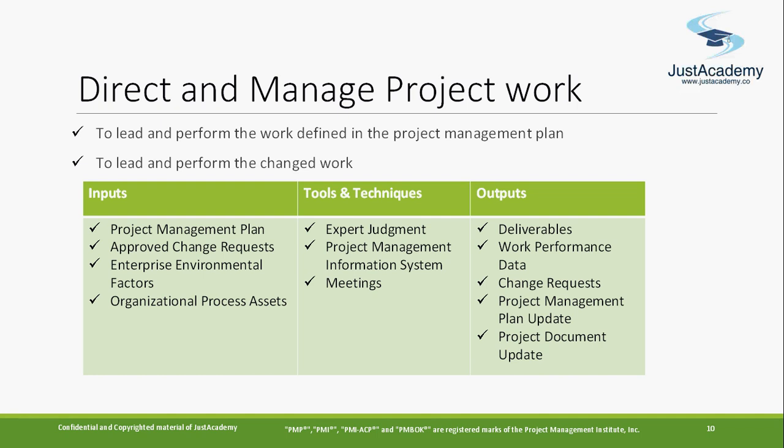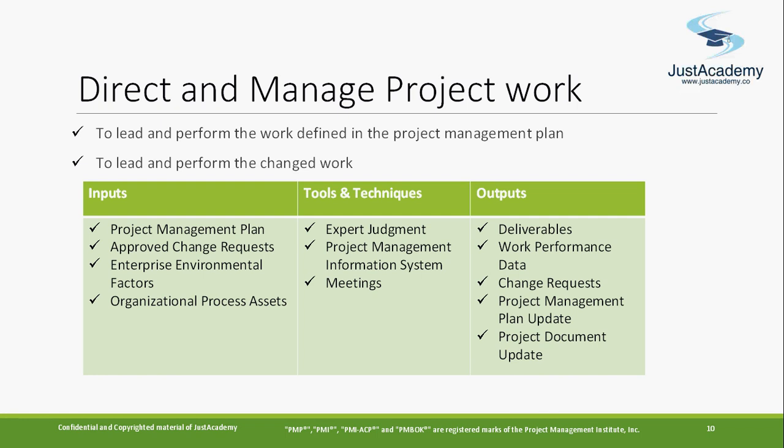You recommend new changes or you fix the existing one. Project management plan update: you will be updating your plan. This is an iterative process, meaning whenever changes come, you have to update your plan to make sure that it is up to date.